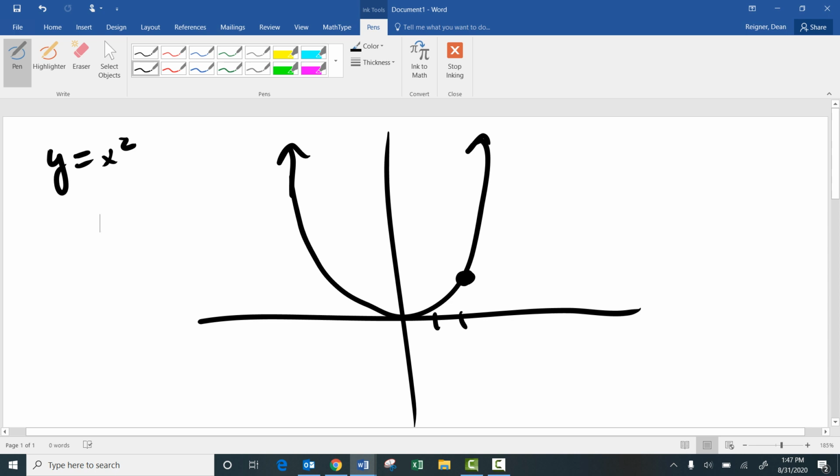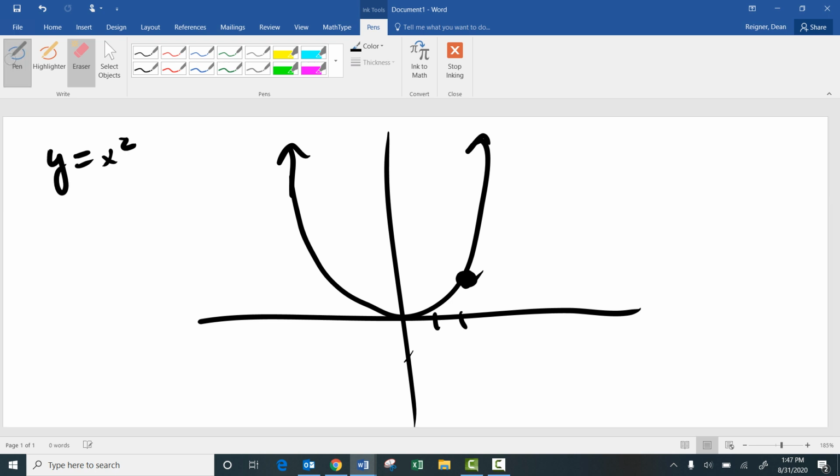What we're trying to do is figure out the equation of a tangent line. So this is what a tangent line looks like. A tangent line touches something in one spot. This dotted line represents the tangent line. The tangent line touches that graph at exactly one point, which is 2, 4.